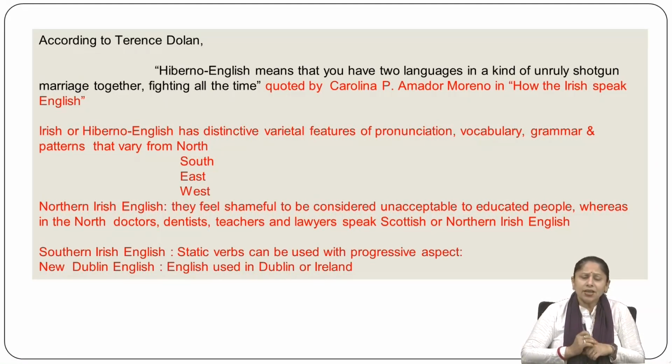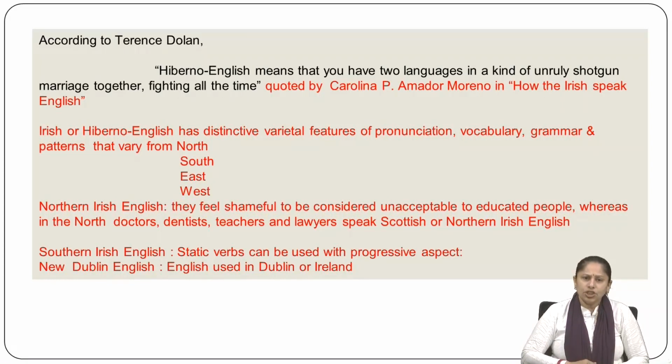So Northern Irish English is again a rural kind of English which has many kinds of inflections which seem to be quite rural, or they may look uneducated, but they are cream people, educated people, doctors, dentists, teachers, lawyers, who genuinely speak Scottish and even Northern Irish English with certain urban usages of language.